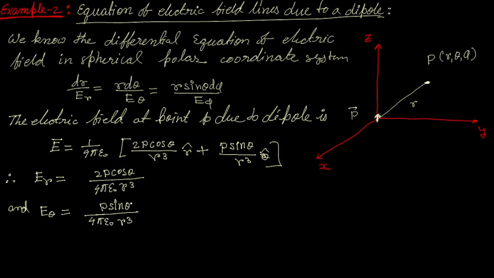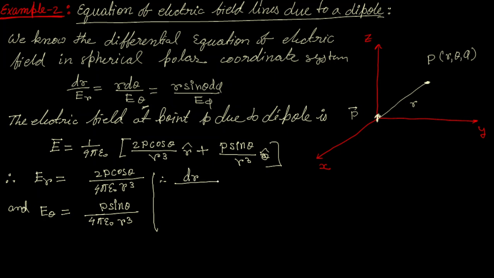So this is the r component, this is the theta component. Now we have to put these values of the r component and theta component in the above equation. And since it will be independent of phi, in this case we'll write only these two terms.